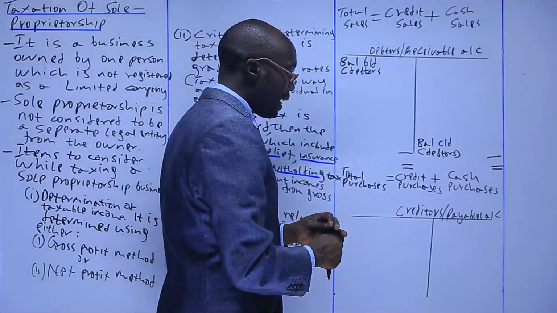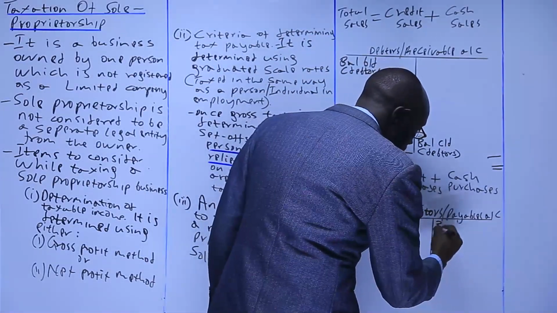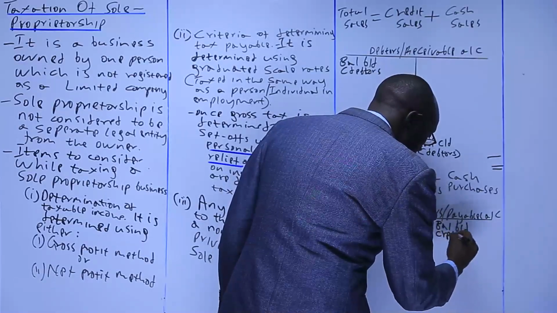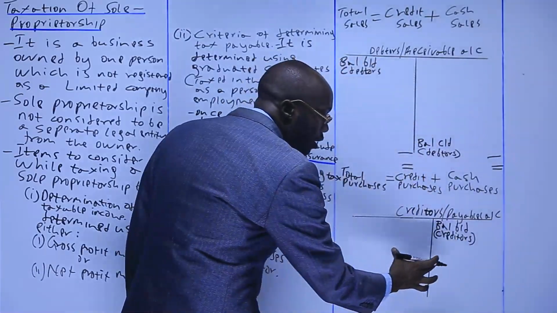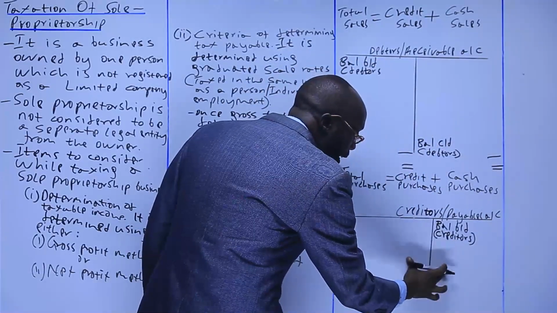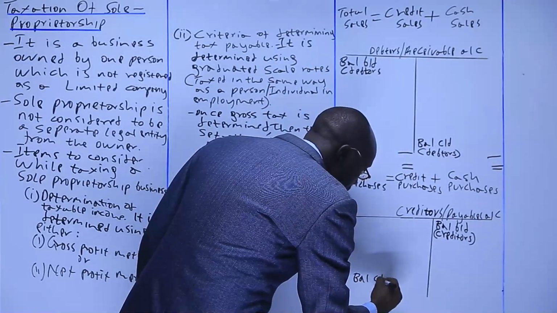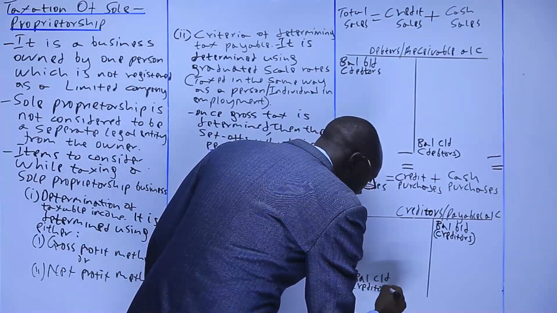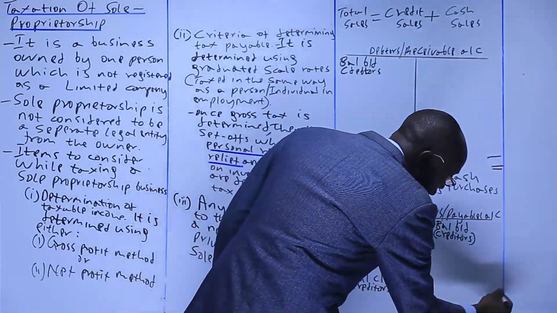For the creditors, we start with the balance at the beginning of the period here, balance brought down, for the creditors there. Then jump 4 or 5 lines as we said with the other one, and then have the balance carried down for the creditors here. Then at the end you'll get the total.